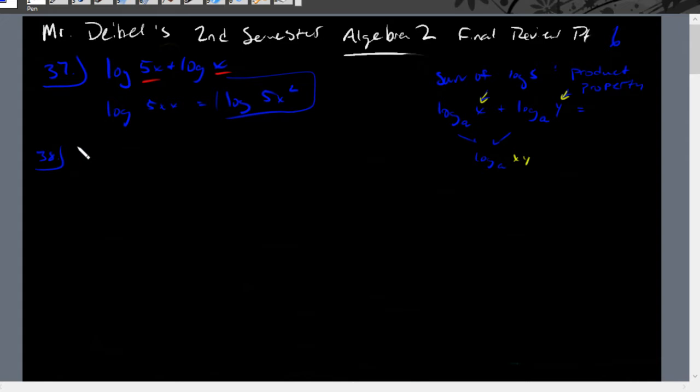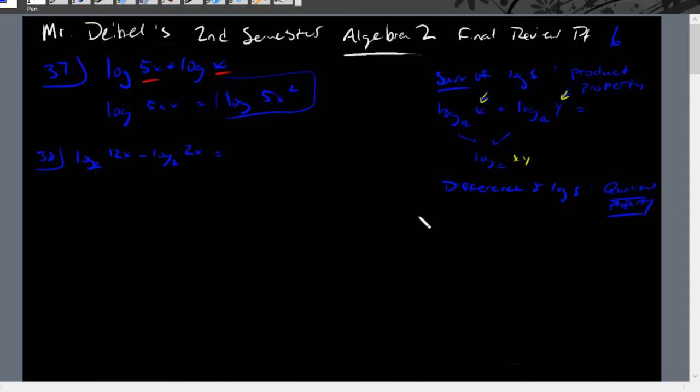Alright, so 38. Log base 2 of 12x minus log base 2 of 2x. This is a difference of logs, whereas we had a sum of logs. There is also a property for if you have a difference of logs. And this is the quotient property.